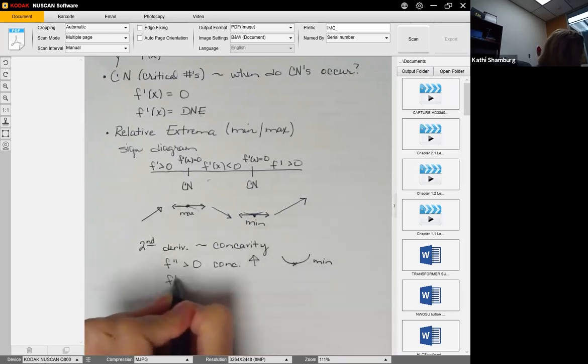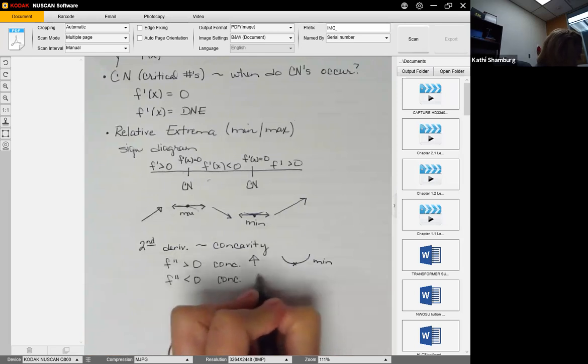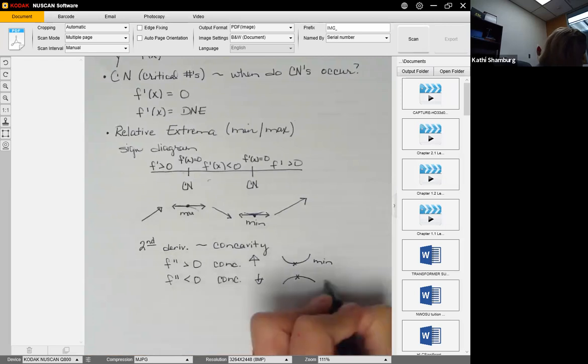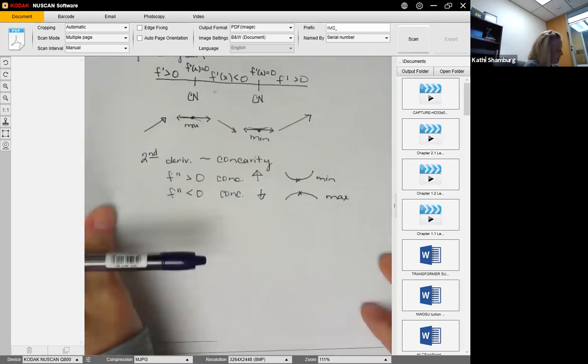And if the second derivative is less than 0, it concaves down, which means here you would have a max. So that's what the first and second derivative test told us.